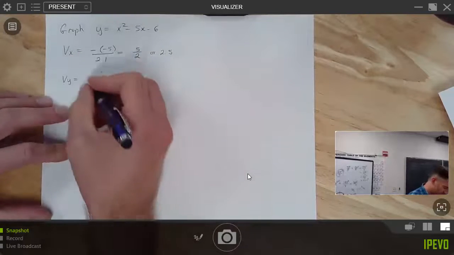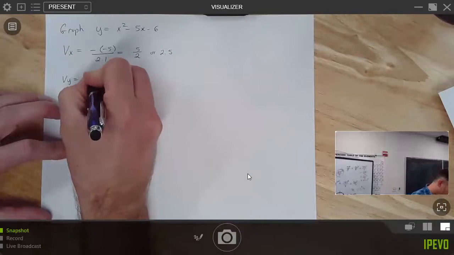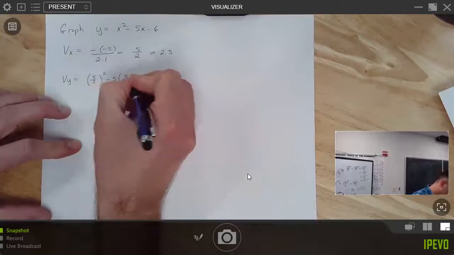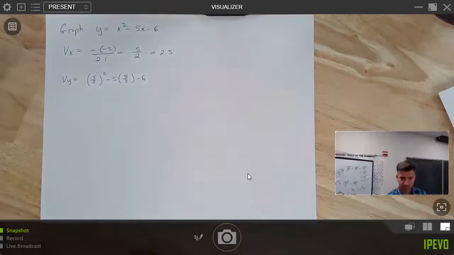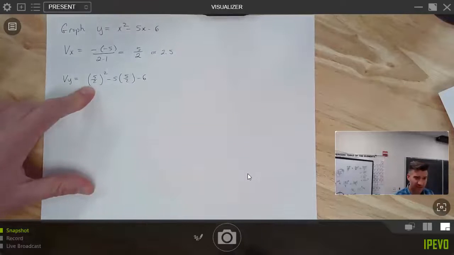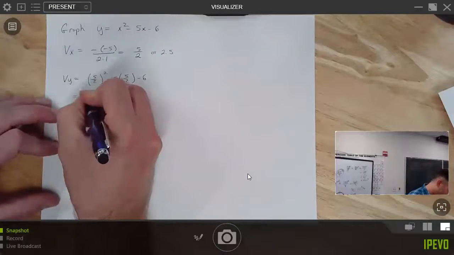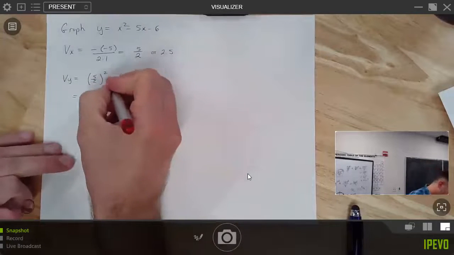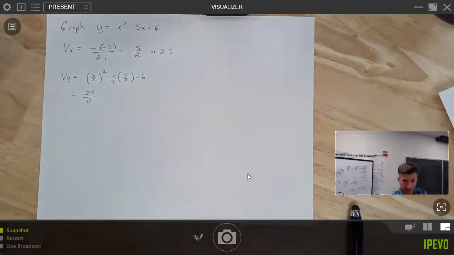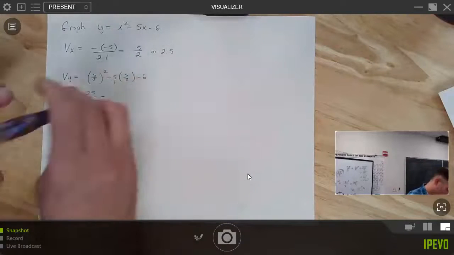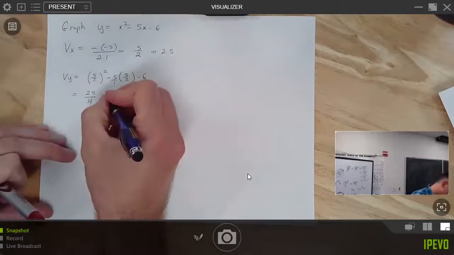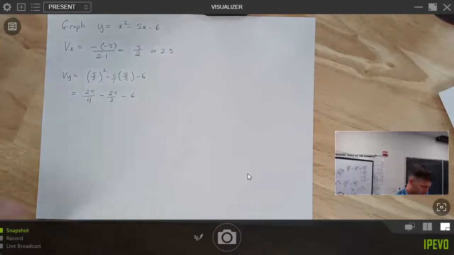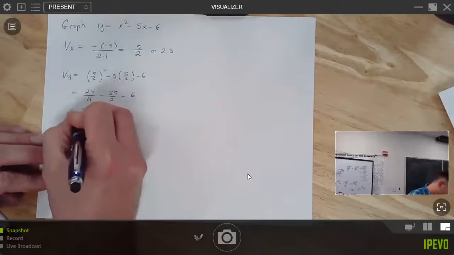The y coordinate of the vertex is going to be 5 halves squared minus 5 times 5 halves minus 6. All right, so 5 halves squared is 25 over 4, and 5 over 1 times 5 over 2 is 25 over 2. So we need a common denominator of 4. So this is 25 over 4.